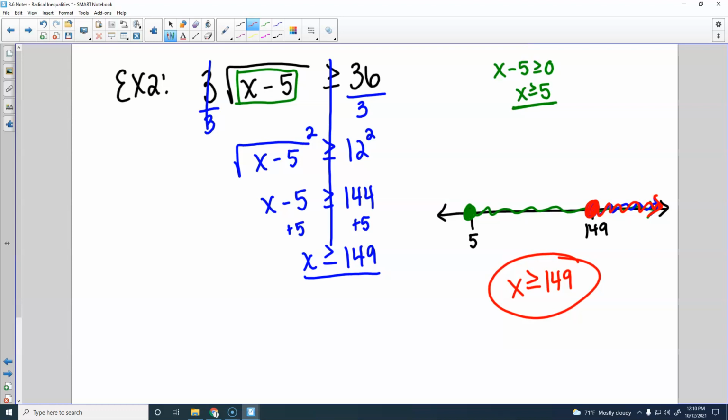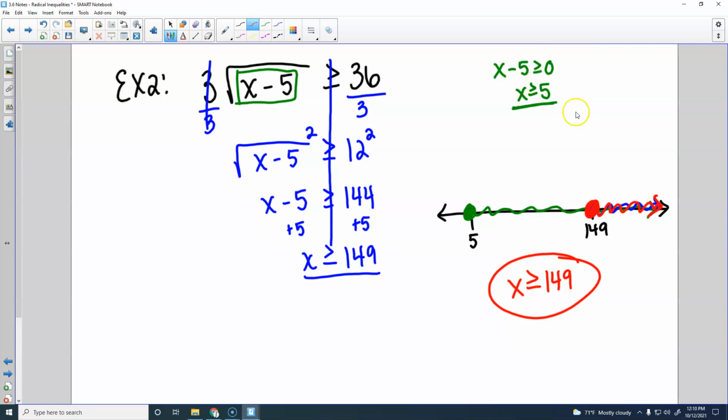This happens more often when you have a greater than sign rather than a less than sign, although I guess it could happen with a less than sign if you had the right kind of numbers here. Usually when you solve the equation, the number that you get is going to be more than your domain. So typically if you have a greater than sign, this is usually bigger than your domain, meaning that your answers are going to fall in where it's already in that category.